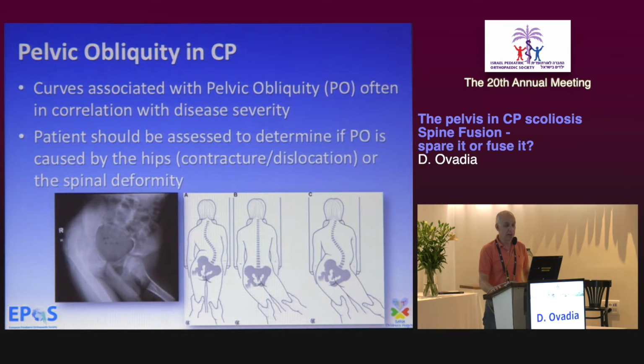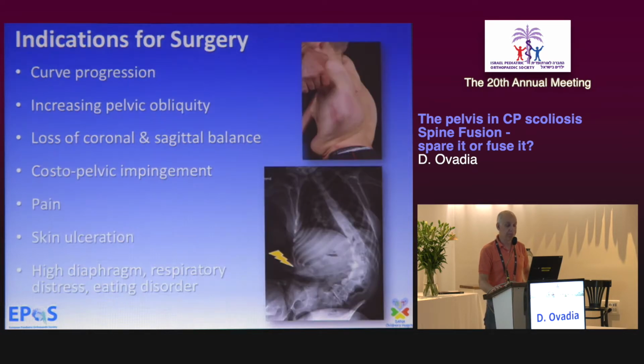And this is done mostly by physical examination, placing the patient on the table with the pelvis and the legs outside of the table and doing abduction and adduction of the hips and seeing whether you control the pelvic obliquity or not. If you control it, then it means that it comes from the hips. If the pelvic obliquity remains, it means that some part of it at least is due to the spinal deformity.